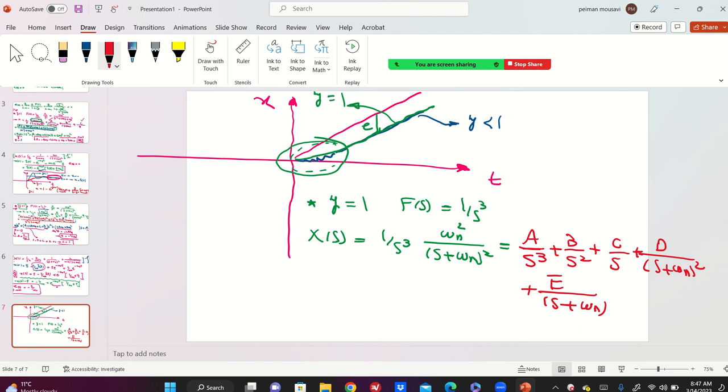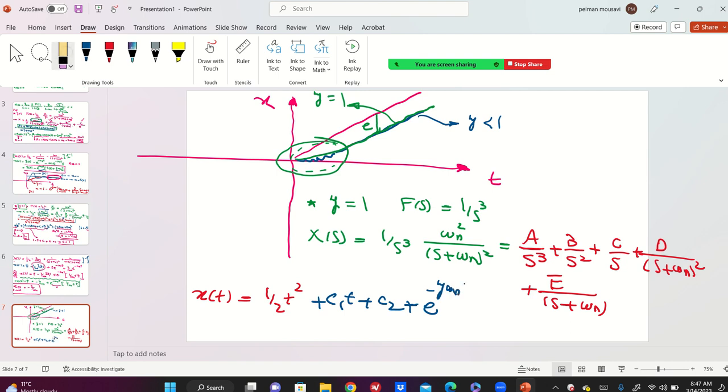So you're going to see that at the end, your x of t is going to be in this format: parabolic minus a constant, c1 t plus c2, plus, again, e to the minus omega n t.